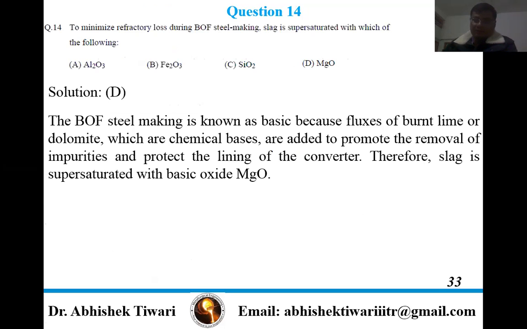Question number 14. To minimize refractory loss during BOF steel making, slag is supersaturated with which of the following?